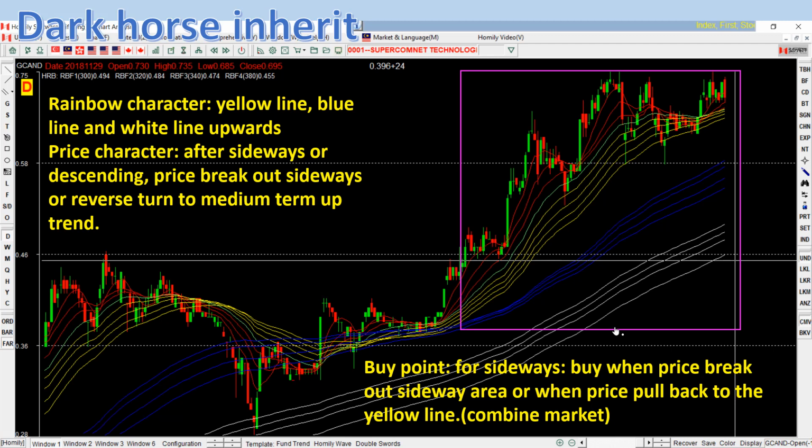The buy point for sideways is to buy when the price breaks out of the sideways area or when the price pulls back to the yellow line. We can combine this with the market. If the market is good, we can buy earlier because when the market is good, most shares will also be good. So here is the application of Homing Rainbow.